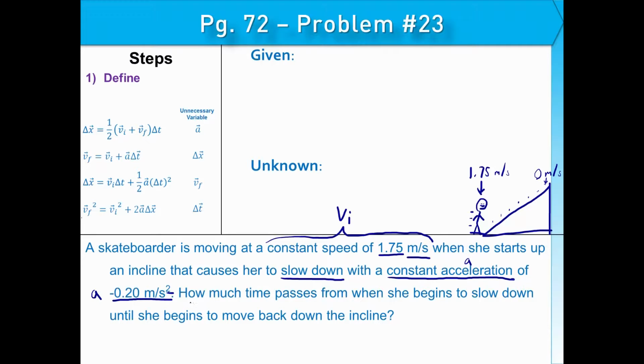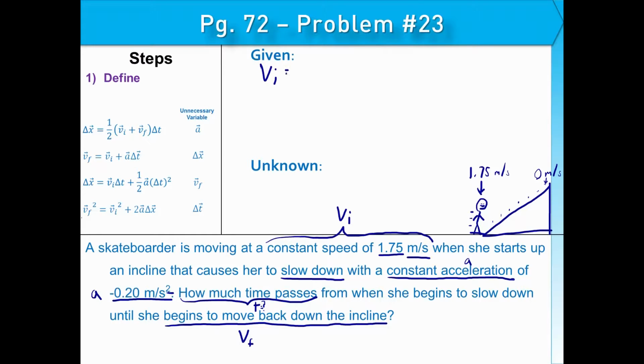How much time passes is actually asking for my time, and my time is going to be unknown, from when she begins to slow down until she begins to move back down the incline. Now this doesn't tell you directly, but as mentioned earlier, this is referring to her final velocity being 0 meters per second. So I'll put all my givens.